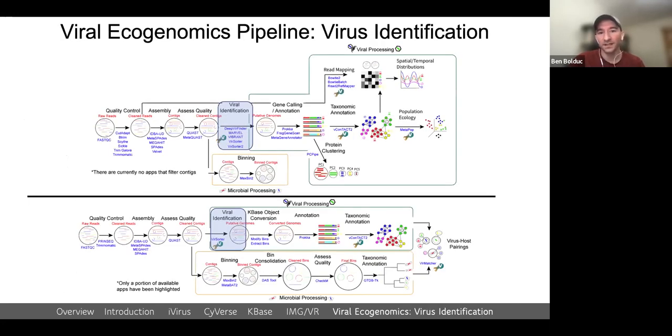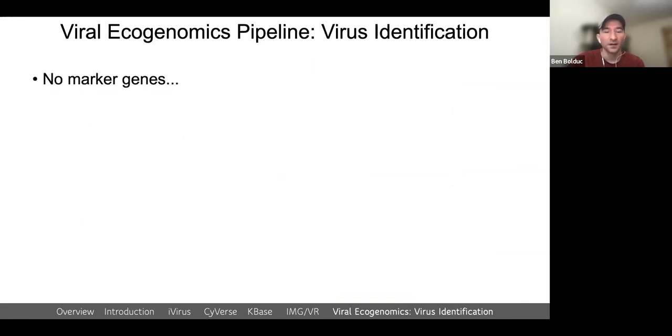The next thing I wanted to touch upon is viral identification. So we've gone through basically the whole quality control and assembly. We've assessed the quality. We know that the assemblies at least looked good. Now we want to identify the viruses. However, we don't have any marker genes, which is kind of a problem.